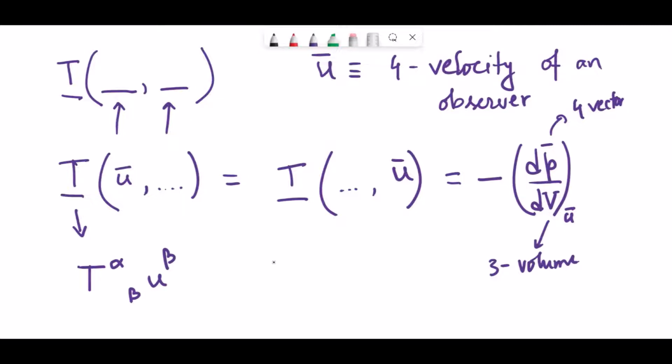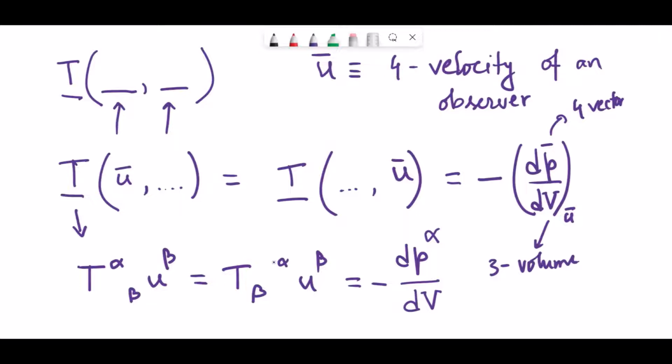I could have also written it as T beta alpha U beta. This is to emphasize the symmetric nature of the stress-energy-momentum tensor. And this is, of course, going to be the negative momentum density.